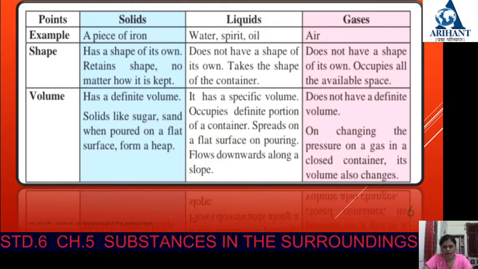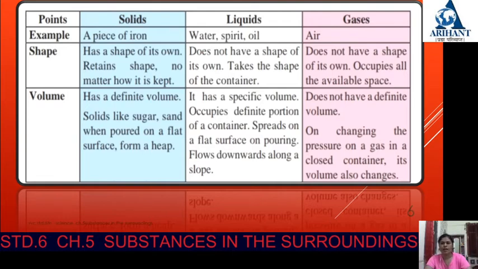So the next is gas. Gas does not have a shape of its own, it occupies all available space. For that, take a candle and light it. Once the candle is finished, it forms vapors, and the vapors spread all over the room.